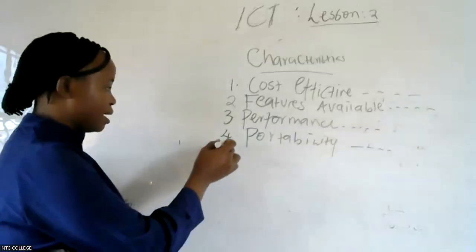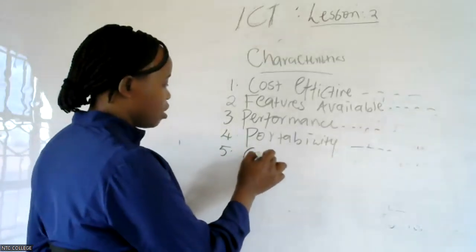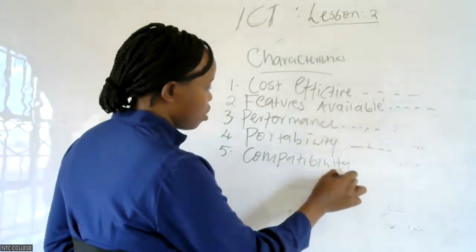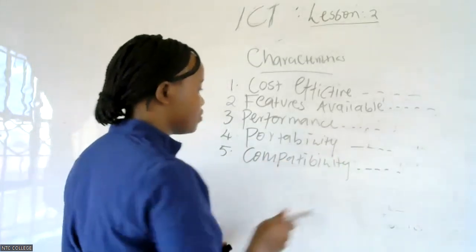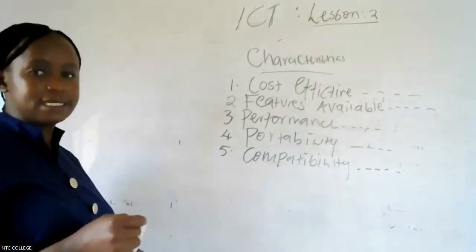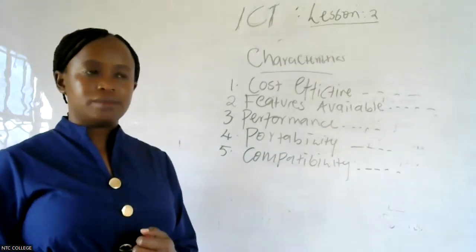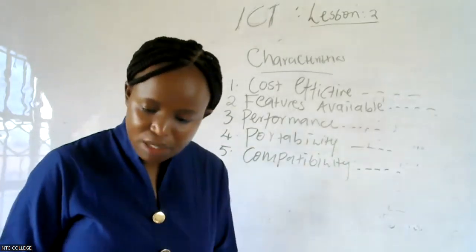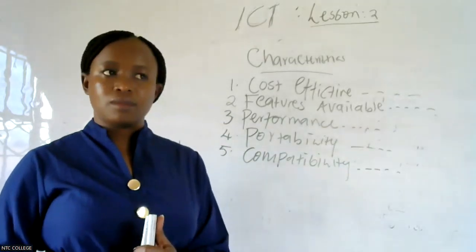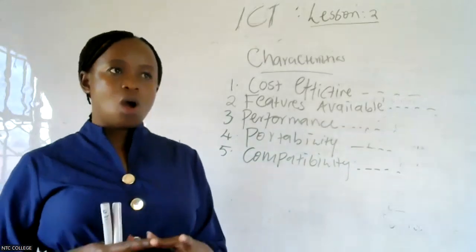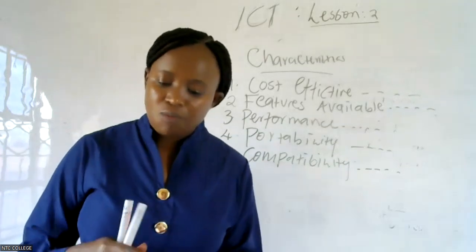Look at this other one, number 5, very interesting. Compatibility. Compatibility of softwares. Compatible means, if something is compatible, number 1, it should have qualities like comfort, conform.